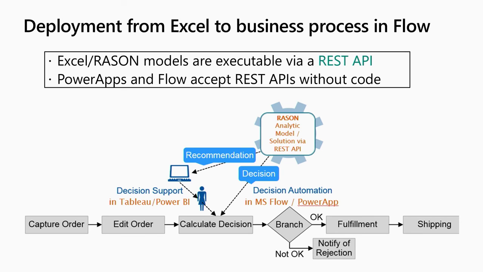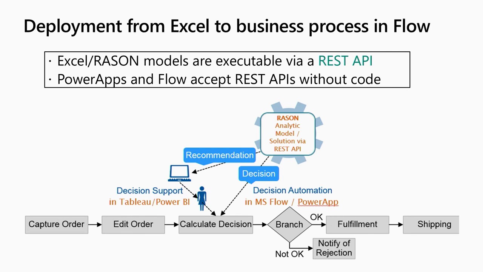At the bottom is a generic order fulfillment business process, which might include automated steps and manual steps. And at a certain point, we're making a decision to accept or reject the order, and we might do that in an operational business process by putting something on a screen in front of somebody who makes that decision, in the order entry center or on the shop floor if it were a delivery-related thing.